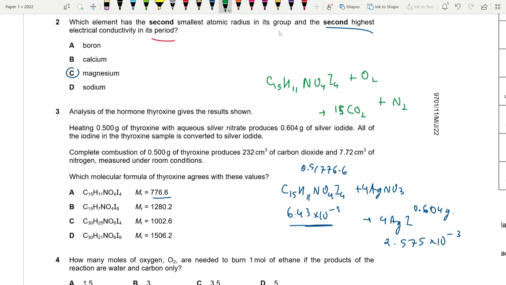What about nitrogen? Since there's only one nitrogen over here, we should put a half behind this, right? So we had 0.5 grams of this, or 6.43 into 10 to the power minus 3 moles of this.